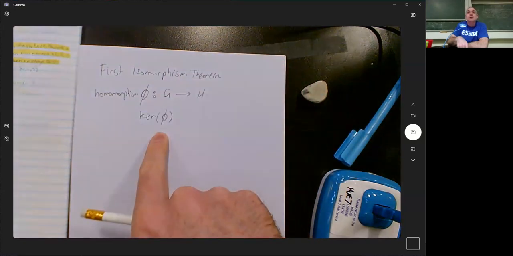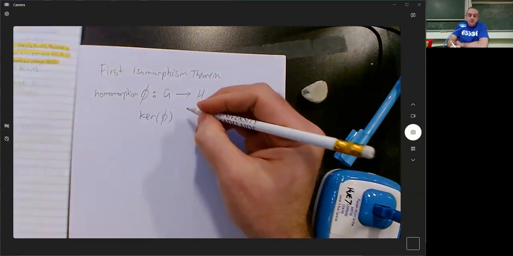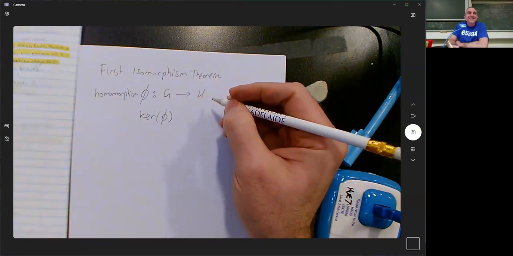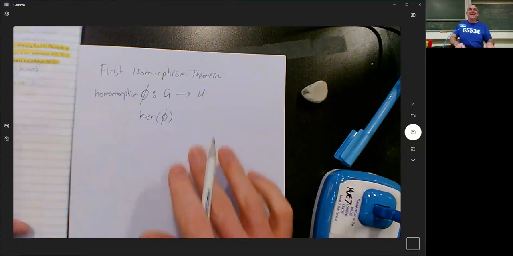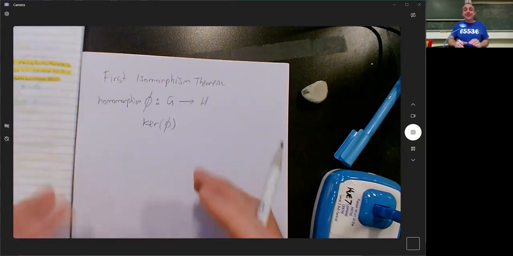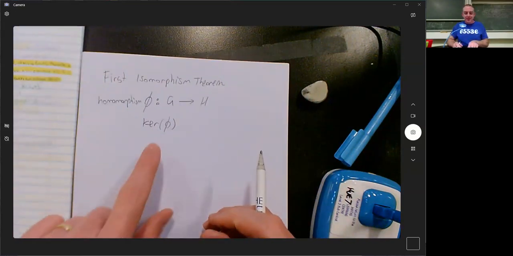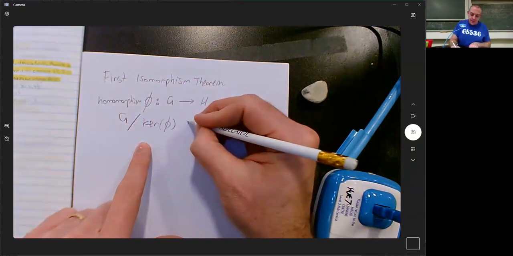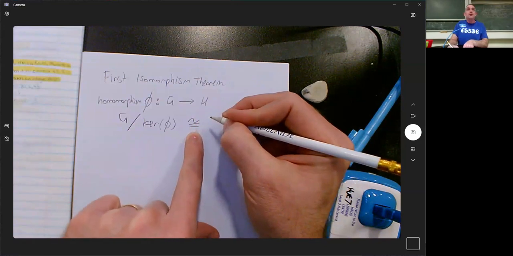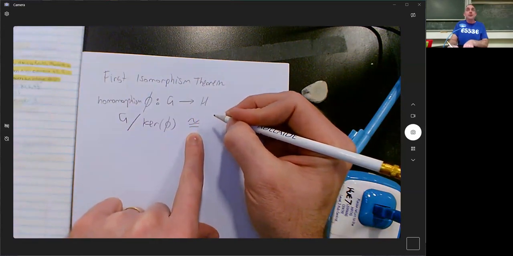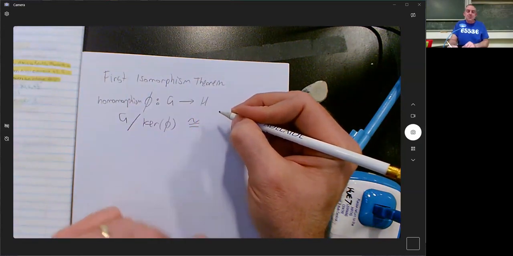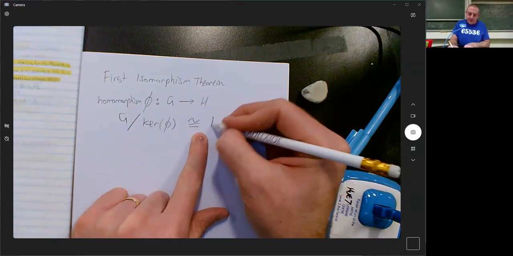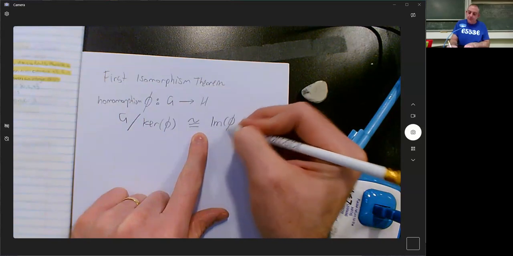Is that how they write it? That's okay, this is good for your memory. So the kernel of phi, you're saying that G is isomorphic, is that the symbol we use, to G factored out by the kernel, which is the image of phi.